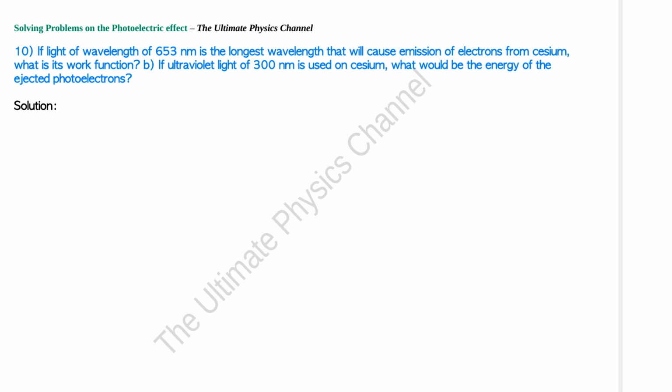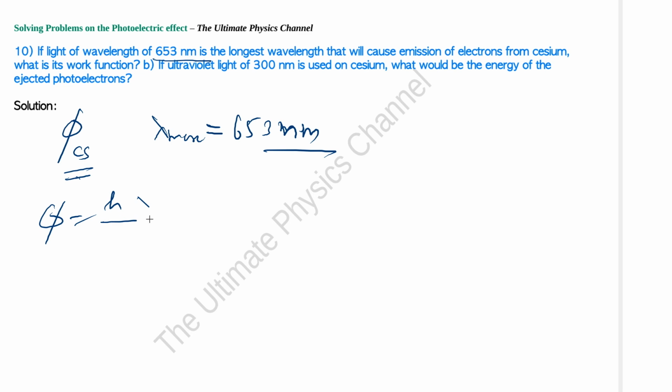If light of wavelength 653 nanometers is the longest wavelength that will cause emission of electrons from cesium, what is the work function? So for cesium we have to calculate. In a previous problem we had used this value, so we know the value. It's not that we don't know; we can look up standard tables for that. But the question is, for a given lambda max, the longest wavelength, 653 nanometers, what is the phi? So phi is equal to hc over lambda max.